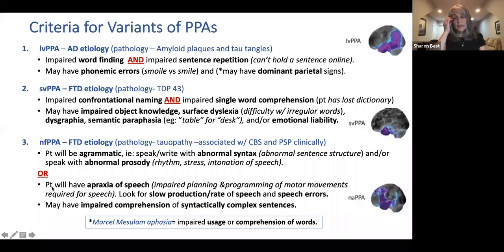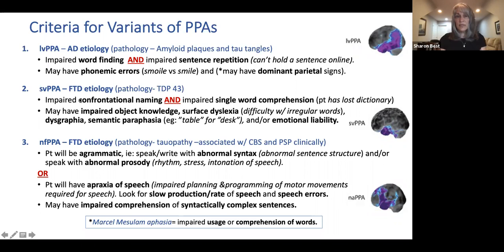Okay, so apraxia of speech is different from agrammatism in that the person actually has an impaired planning and programming of motor movements to articulate words. So you may notice that the speech is very slow, or they may have some errors. They may be groping for words. Now, remember, all of these patients must meet the core criteria first.